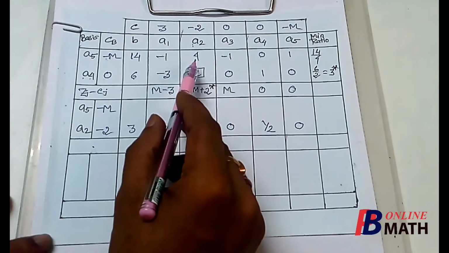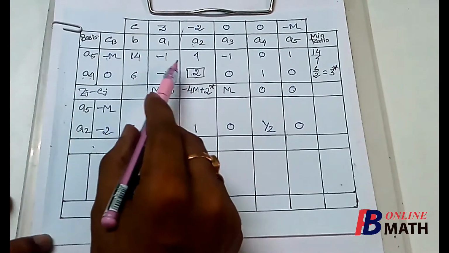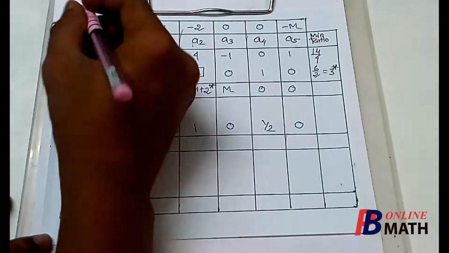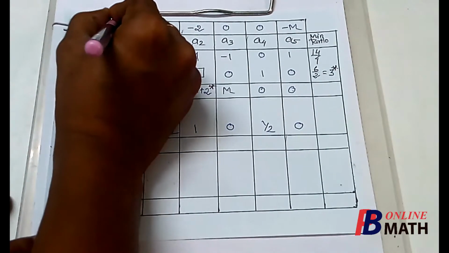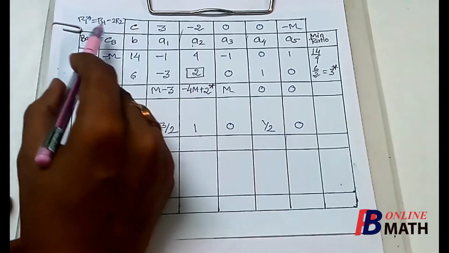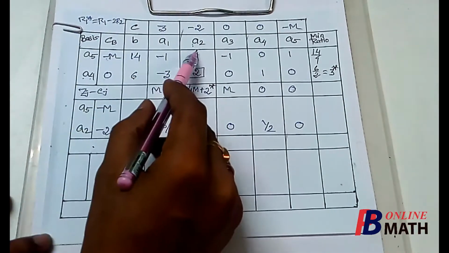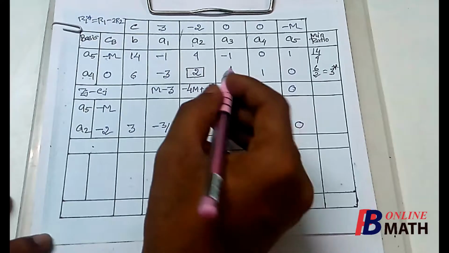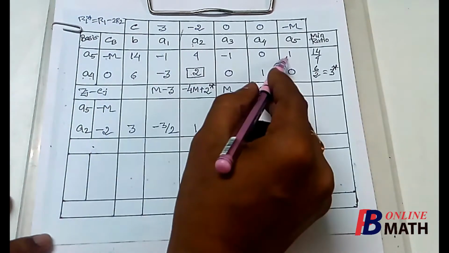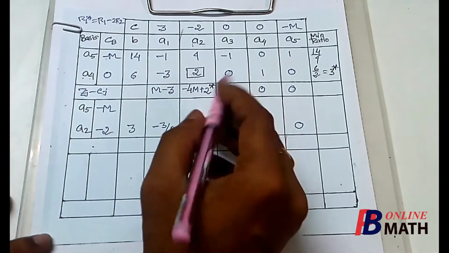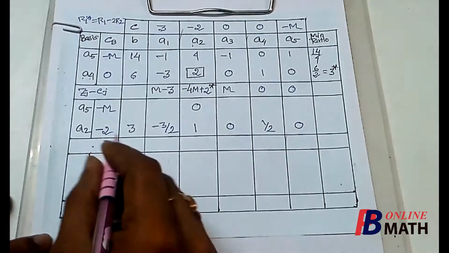Next we have to make this element 0. For that we have to apply one more row operation. Now if we apply this row operation, R1 star is equal to R1 minus 2 R2, then this will become 0. So this row minus 2 into this row, then this element will be 0.